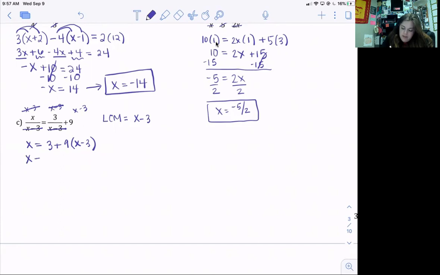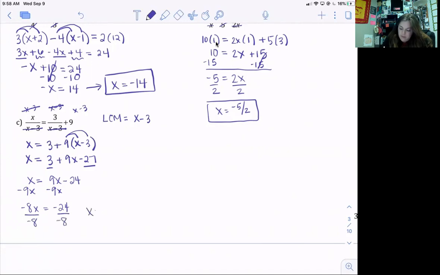Distribute, so we have x equals 3 plus 9 times x is 9x, and 9 times negative 3 is negative 27. Combine like terms, so x equals 9x minus 24. Subtract 9x to the left-hand side. So negative 8x equals negative 24. Divide both sides by negative 8.